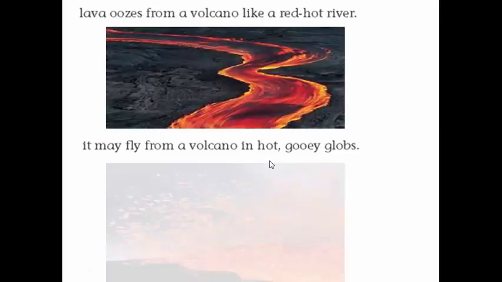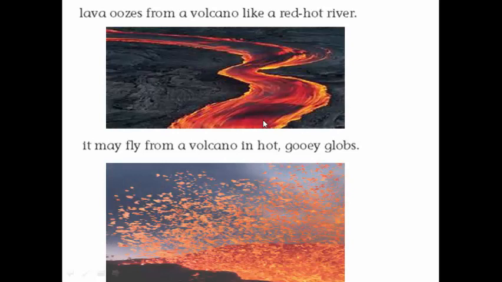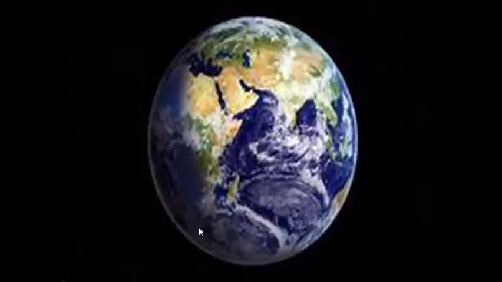So right now I want you to know these two pieces of information: lava oozes from a volcano like a red hot river, or it may fly from a volcano in hot gooey globs. So here is the volcano, and here is when it flies. Yes, when it flies. So let's move. Yes, it's our planet Earth.